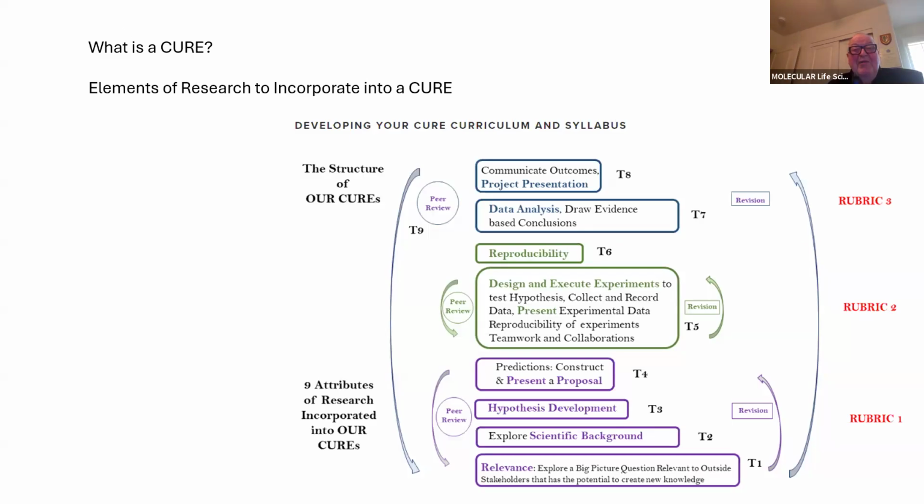If we start at the bottom and work our way up, you'll find it starts with relevance, which was on Tam's list, explore scientific background on Tam's list, hypothesis development on Tam's list, present a proposal on Tam's list. And these are things that show up on most of the lists that are out there. Do experiments, obviously. It's a lab course, so you can do experiments.